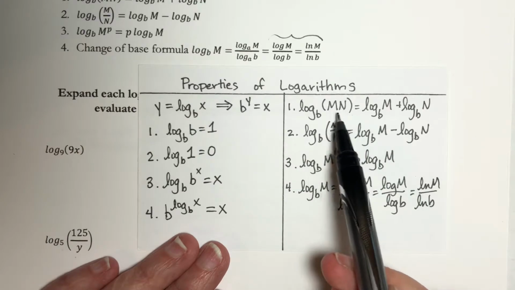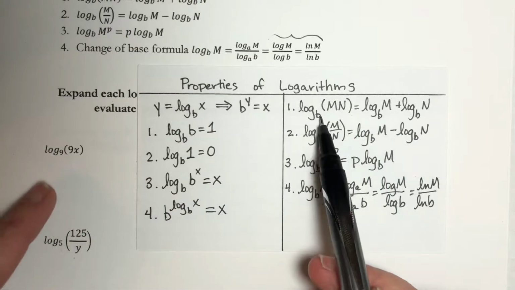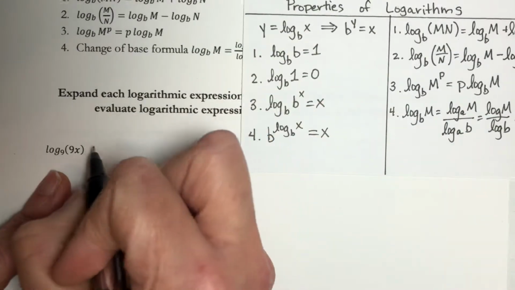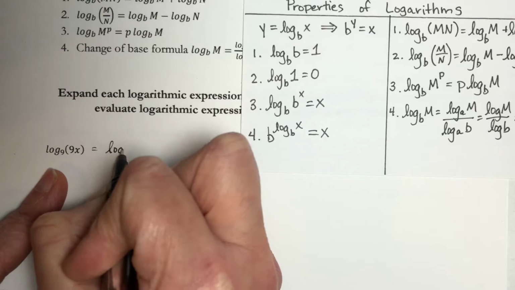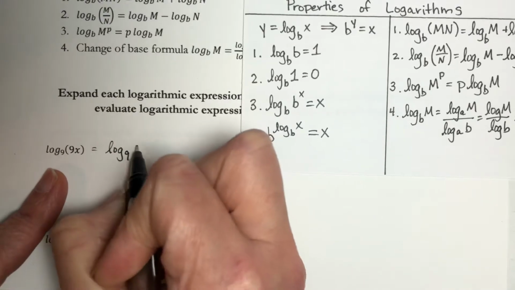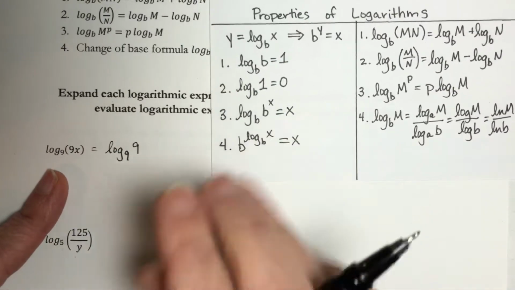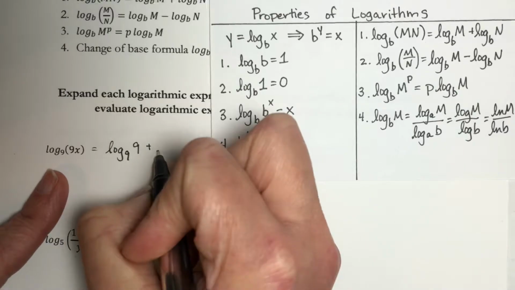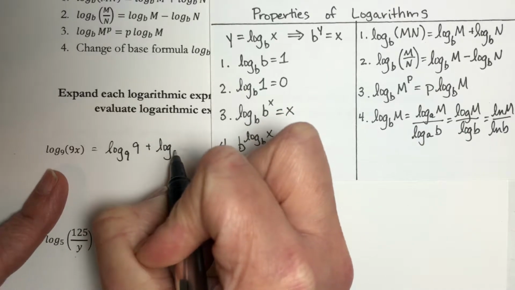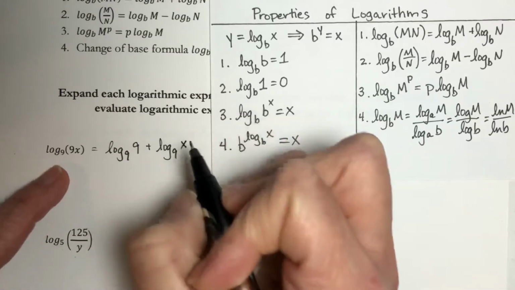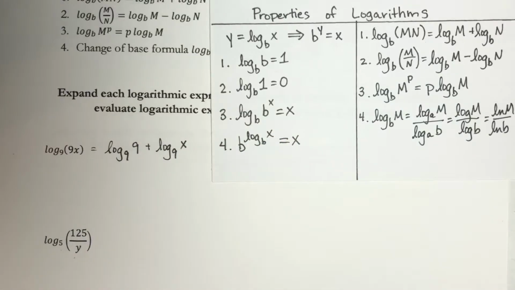Right now I have 9x, 9 times x. I have this situation. So this says I'm going to take log base, whatever this base is, so I have log base 9 of 9 plus log base 9 of x. Okay, so we've split it up. That's good.